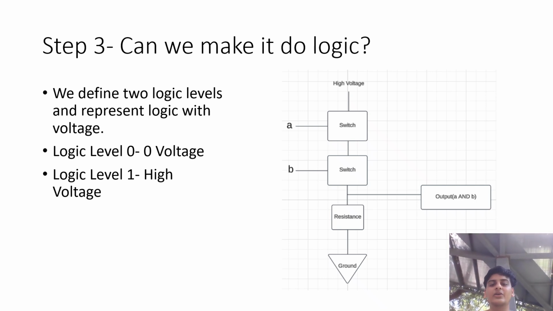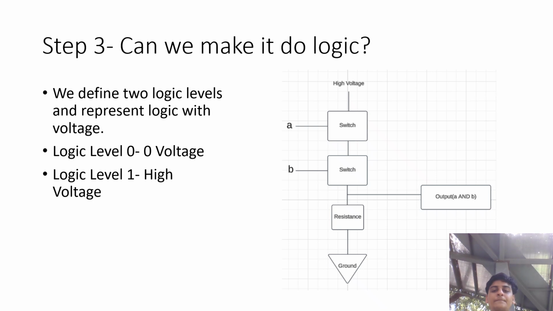Just like here you have these two switches in series, if you made the switches in parallel and allowed the high voltage to connect to the output through any one of them, that would give you an OR gate. So I just want to demonstrate that we can make all these gates using just switches. And that is the power of a switch. That is how we can actually make this do logic.